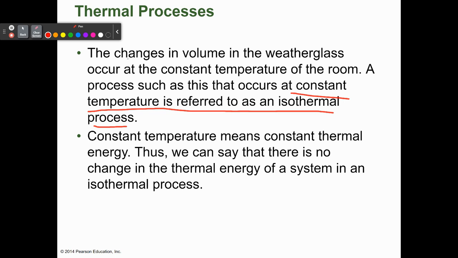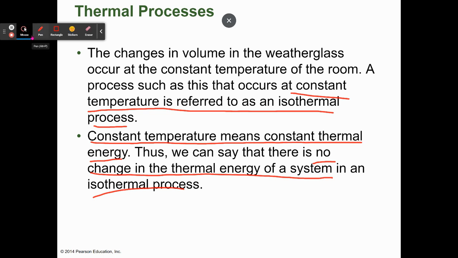But make sure you're able to recognize which one is which. Isothermal means constant temperature. And obviously, if we have a constant temperature, we have a constant thermal energy. So there is no change in the thermal energy of the system when it's isothermal. So whatever you had to start with, that's what you'll have to end up with.